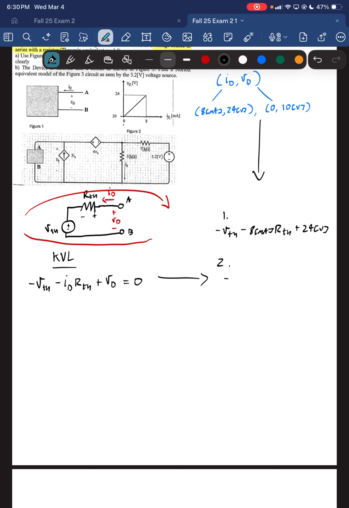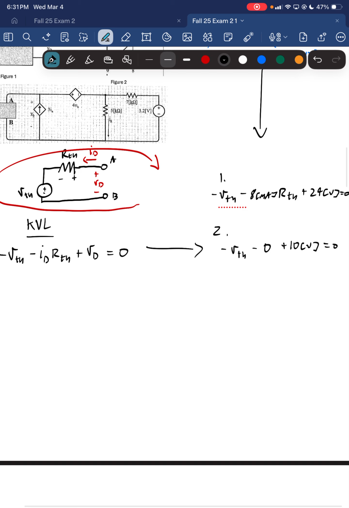Our second equation is negative V Thevenin minus 0, because now we're at 0 milliamps, plus 10 volts. Sorry, and both of these are equal to 0. So using those 2 equations, we can solve for our 2 unknowns. In fact, using the second equation, we can very easily see that V Thevenin is just going to be 10 volts. And then you can use your other equation to solve for R Thevenin.